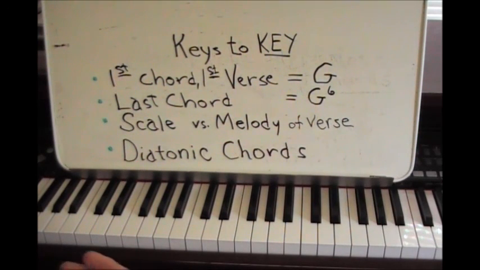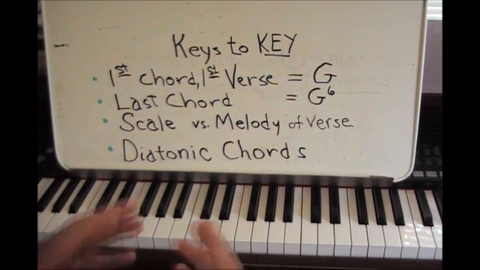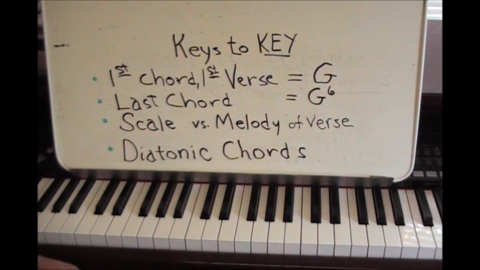Now there's another thing you can do that's very useful to know how to do when you're figuring out songs and melodies, and that is to figure out the diatonic chords that go with the scale in question. All that sounds complicated, but it's really not.